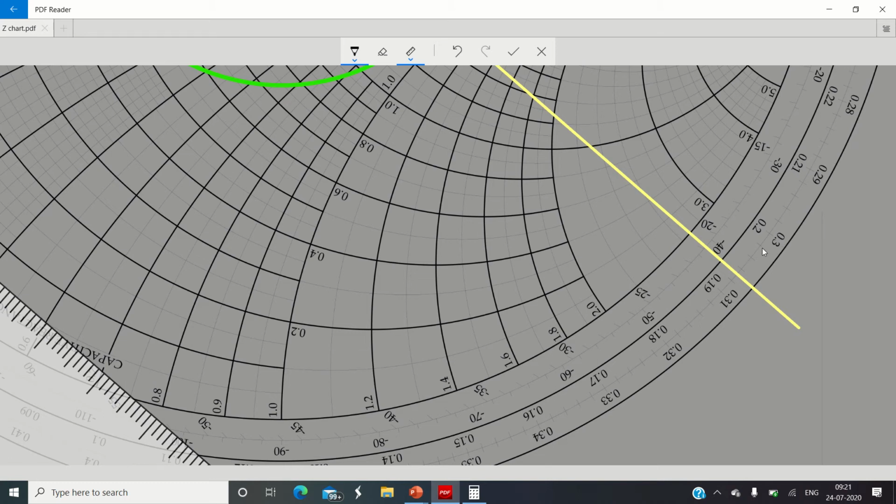So 0.302, 304, 306, 308, and in between I got 0.307. So here I will write WTG in small case. This WTG is 0.307.